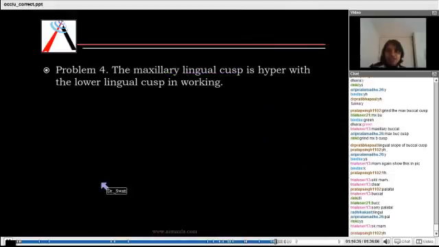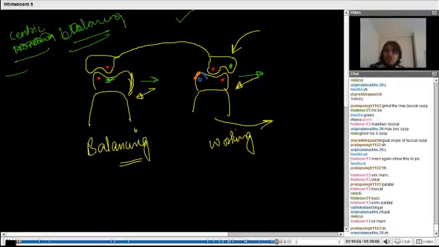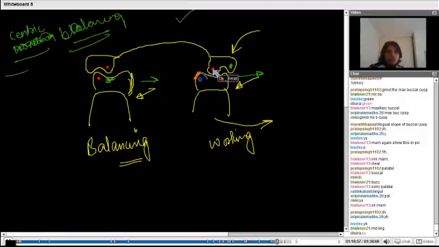Now let's go to the next question. The maxillary lingual cusp is hyper with the lower lingual cusp on the working side. Okay, let's go back to this. Have you just written down the question or imagined it? So both the lingual cusps are in contact on the working side. So we are talking about red and blue.